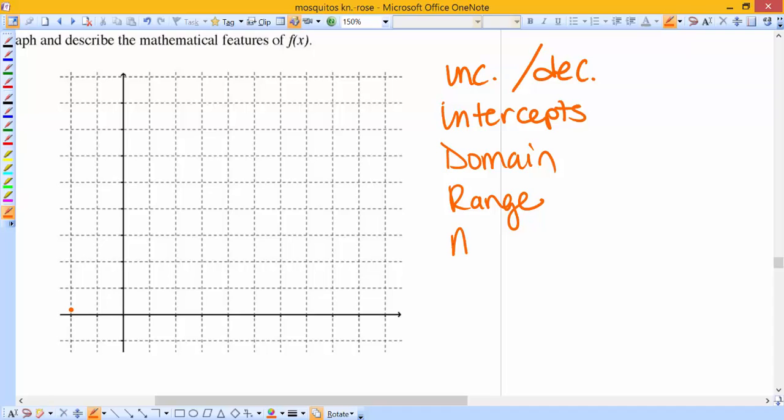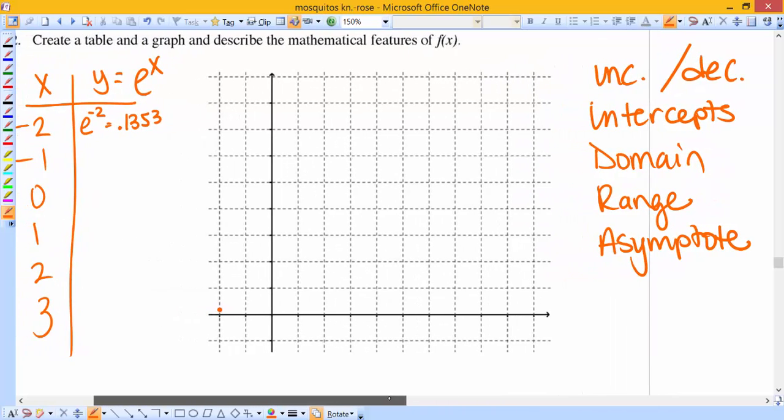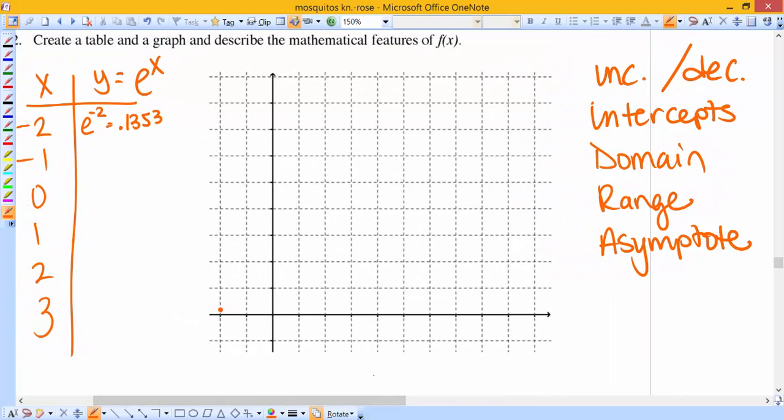Maybe talk about an asymptote that you might see and be specific. Maybe draw it in. Use a highlighter and draw in your asymptote so you can see what an actual, so it's just exponential. You guys did this in Math 1, but it's been a while. So this is the ultimate exponential graph with e to the x. That is your exponential. So that's really all you need to talk about there.